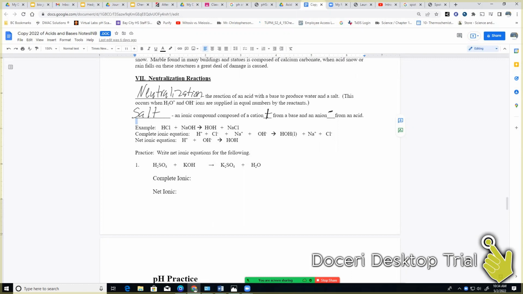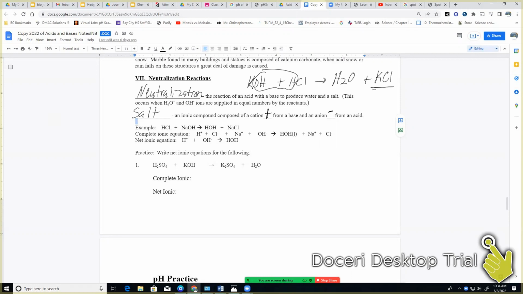So if we look at an example of that, we could have potassium hydroxide plus hydrochloric acid. That's a strong acid and a strong base. So my hydroxide and my hydrogen ion come together to give us water. And then we have the KCl left over, and that would be my salt in that one.